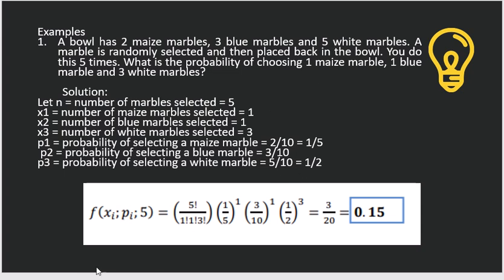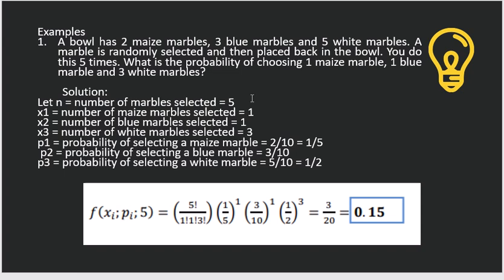So that is 1/2. If we're going to use the functional notation, we have 5 factorial, because 5 is our number of selected marbles, no? Then you have 1 factorial, 1 factorial, and 3 factorial. So where do we get these 1, 1, 3?